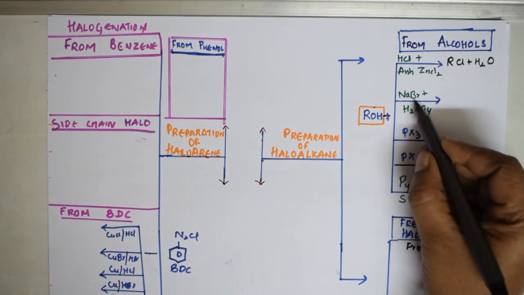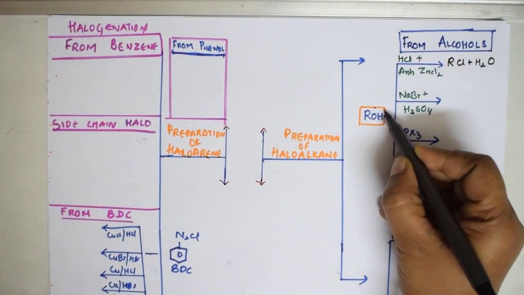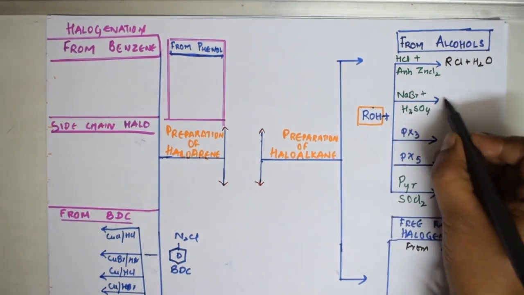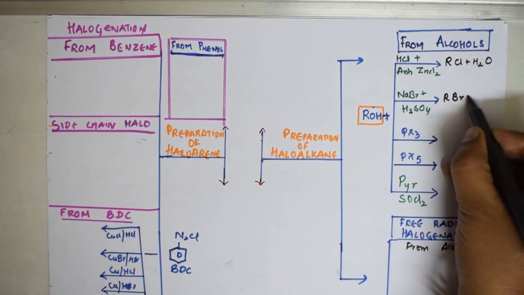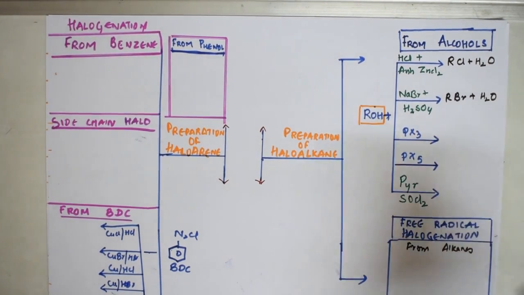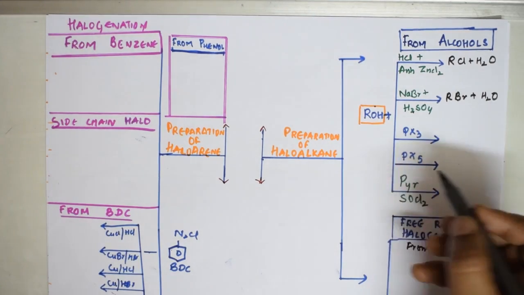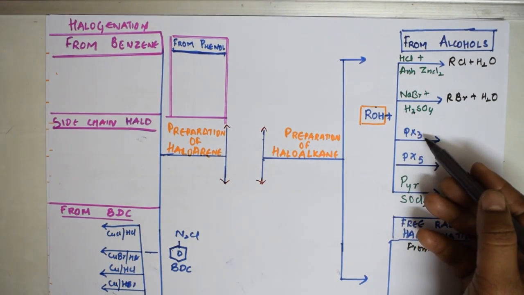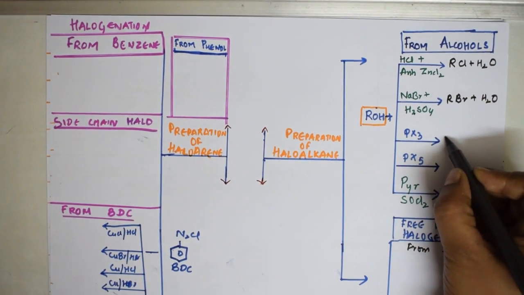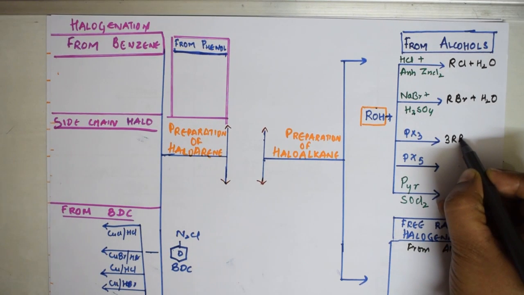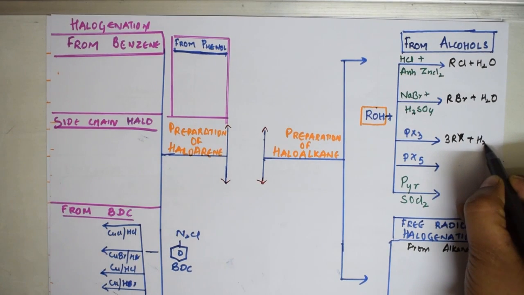Next, when it is NaBr plus sulfuric acid, again OH is replaced by Br, and we get a product RBr plus water. Done. If it is PX3, so PX3 is nothing but PCl3, we are going to get a product RX, because I have taken X there, RX plus H3PO3.